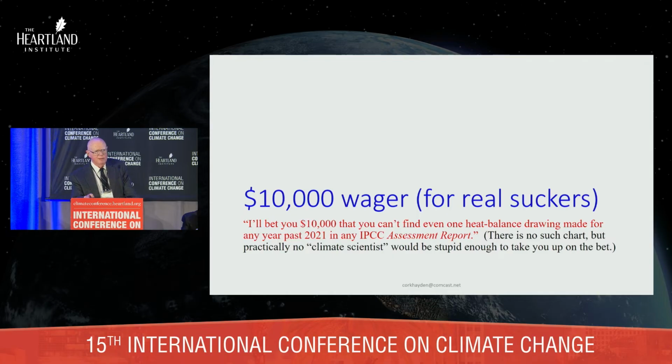I'll bet you $10,000 you can't find even one heat balance drawing made for any year past 2021 in any IPCC assessment report. There is no such chart, and no climate scientist that knows anything would take you up on that bet. But here's one where they might take you up on a bet.